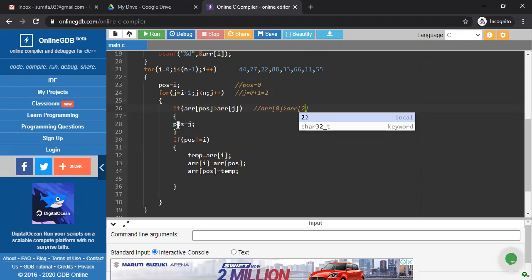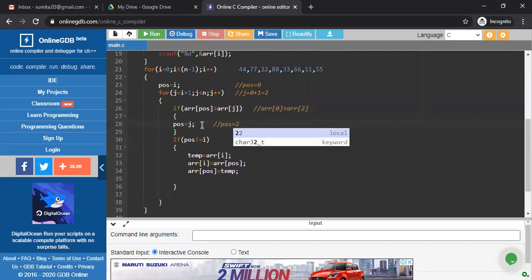So position is again initialized with J. So now what is the position value? Position value is 2 now. Position value is not 0 now. Position value is 2 now.